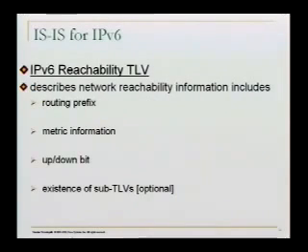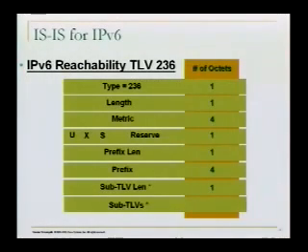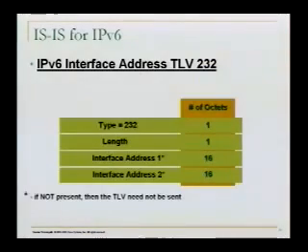By no means am I an IPv6 expert, but more of an ISIS one, at least to some extent. So the gory details of IPv6 addressing are not here, but the format of TLV-236 and TLV-232 is.